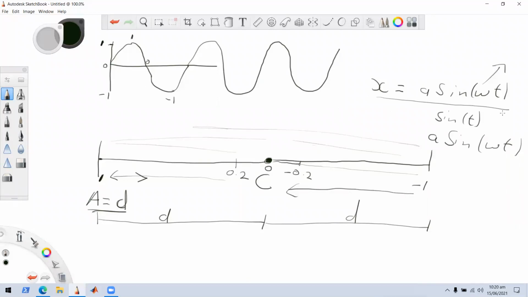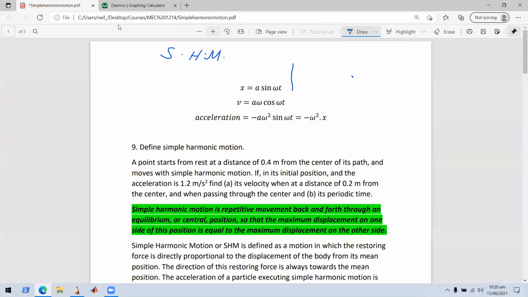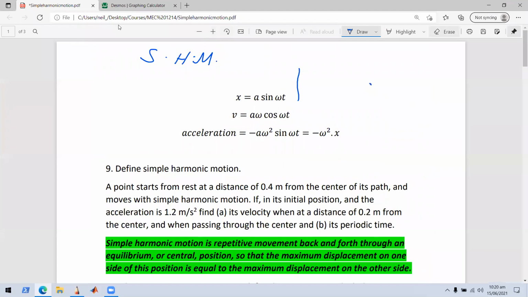Now we know that since this is distance, let's go back to the handout. Since this is the formula for distance, x is equal to A sine omega t, if we differentiate this once, dx/dt, we would get velocity.